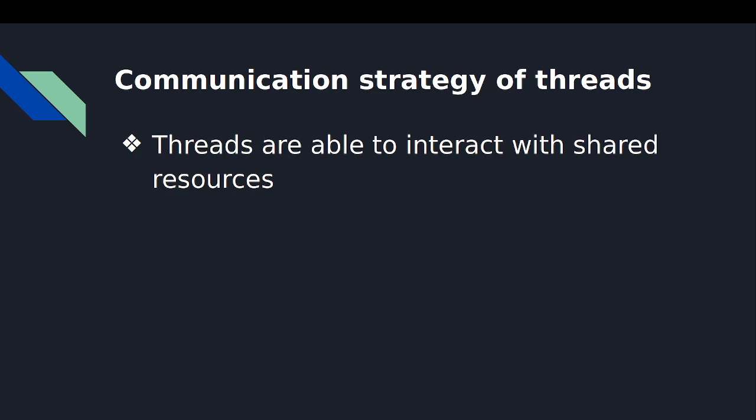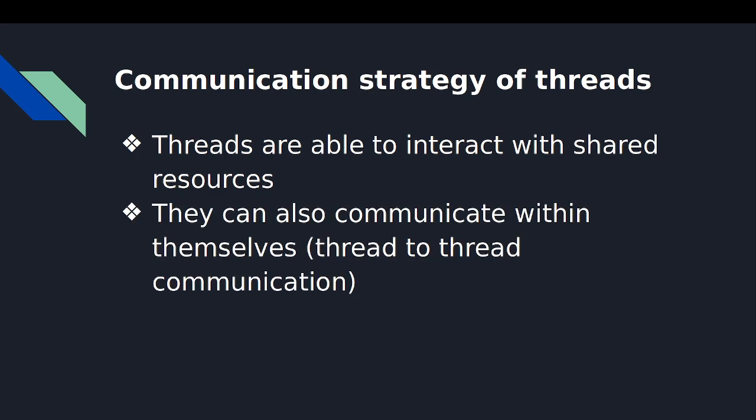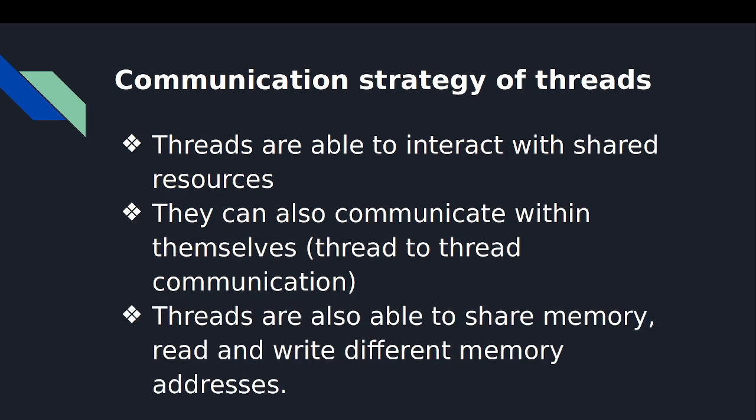So you need to have responsibility when you're writing your threads because of this, as you're going to see. They can also communicate among themselves, inter-thread communication, or thread to thread. And threads are also able to share memory, reading and writing different memory addresses. And this can result in problems if you're not careful.